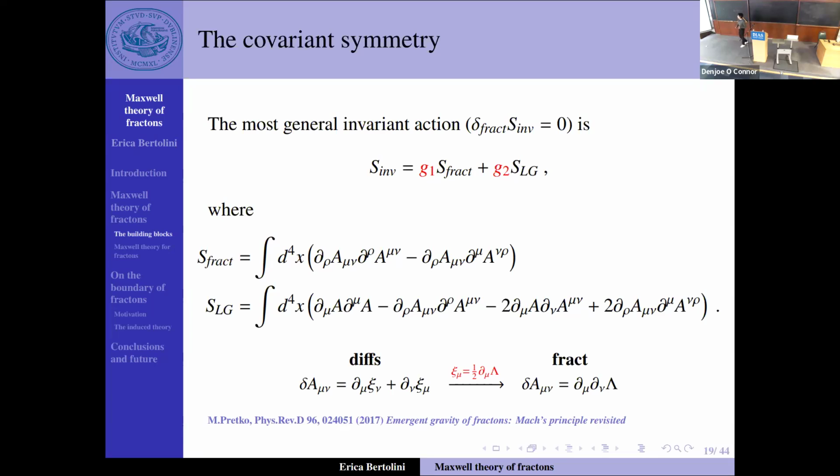You cannot isolate fractons from a symmetry principle. At least to my knowledge up to now, if you ask for fractonic symmetry, you always come out with the linearized gravity term too. On the contrary, you can isolate linearized gravity by asking for invariance under diffeomorphism symmetry.